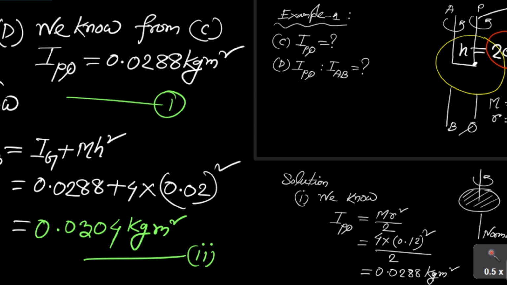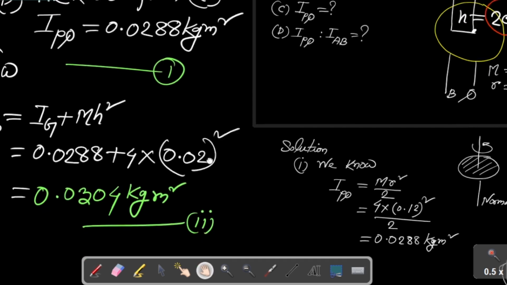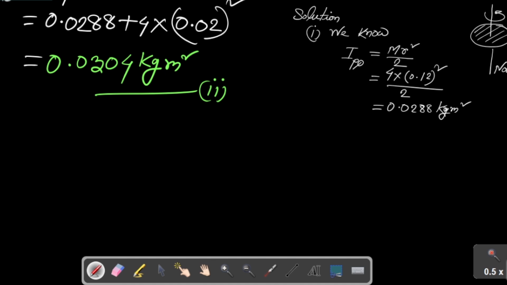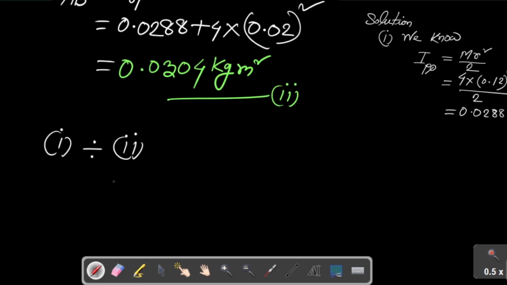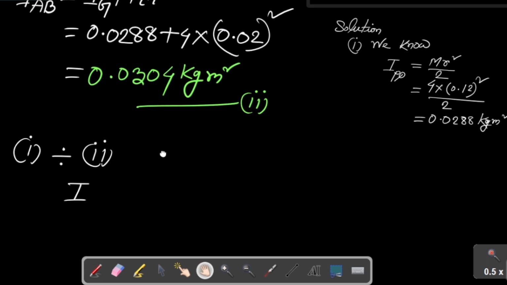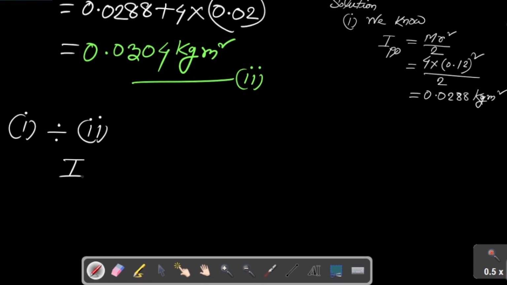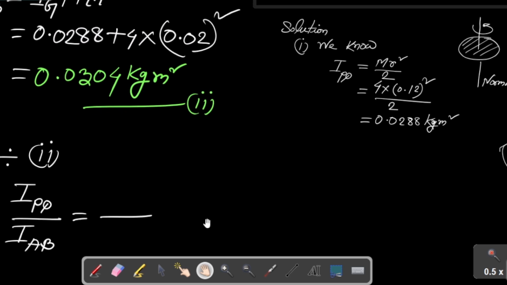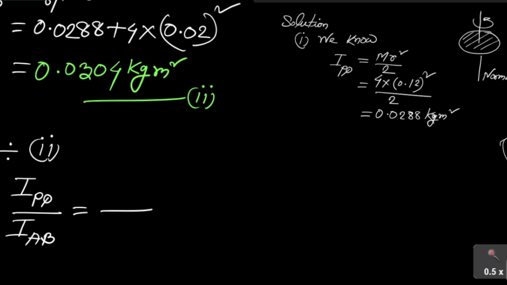Now we divide these two equations. We divide equation 1 by equation 2, I PQ divided by I AB. The value of PQ will be 0.0288 and the value of AB is 0.0304.